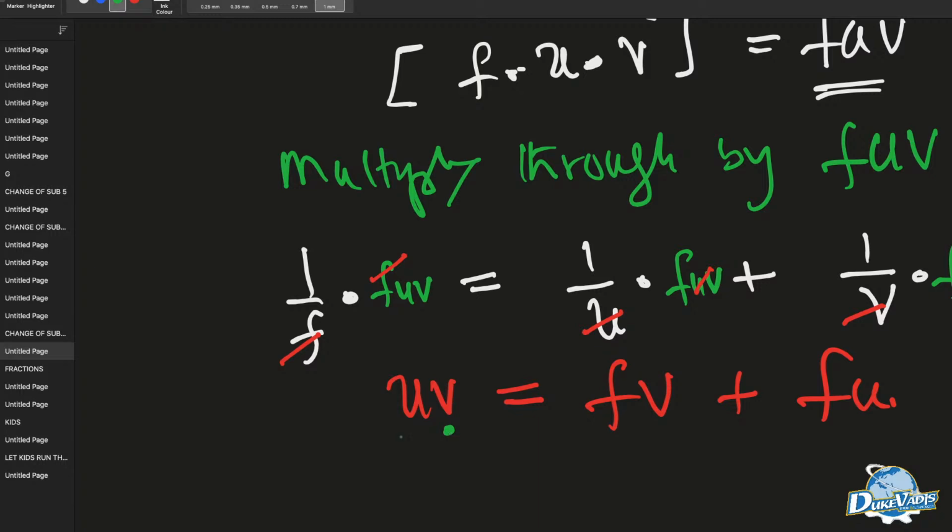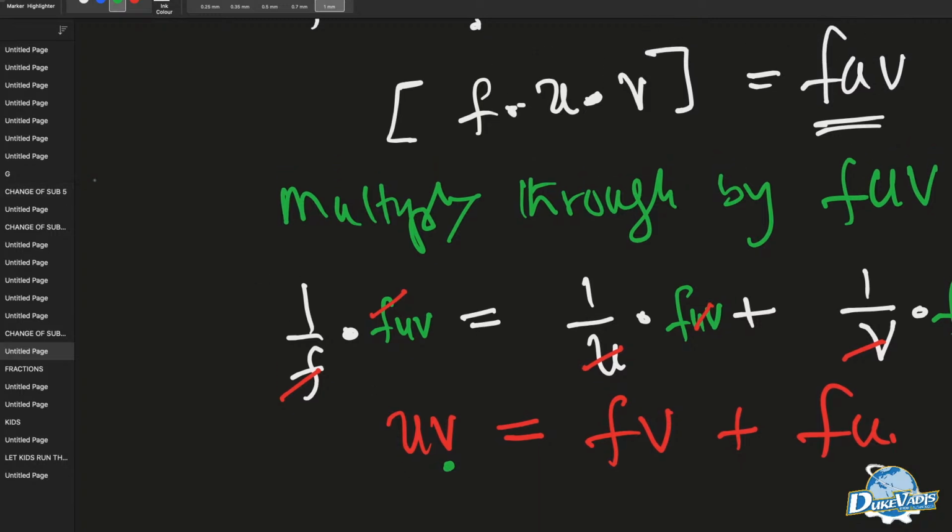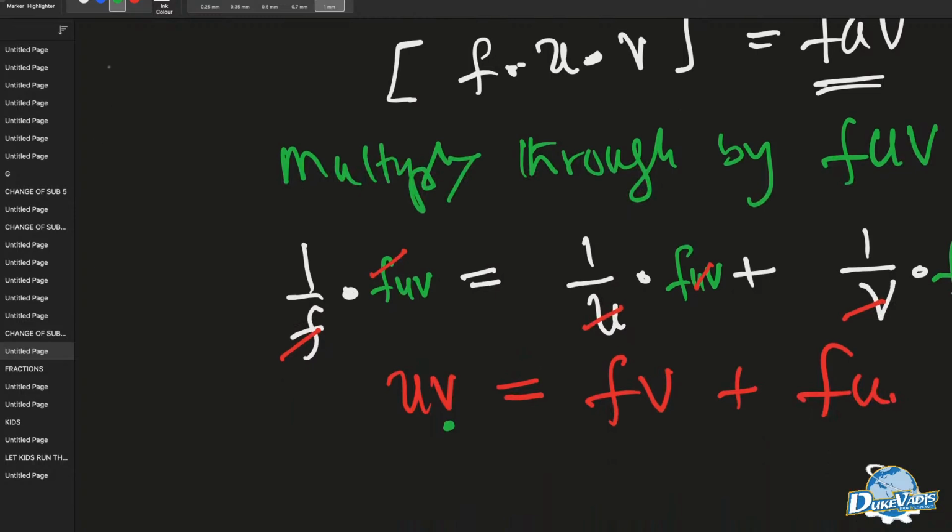Our interest is the U, because we want to make U the subject. So I have to do something to make the U stand alone. So I have a U here, and I have a U here. Meaning, I have to get rid of this. So this one will join his counterpart U on the left hand side.